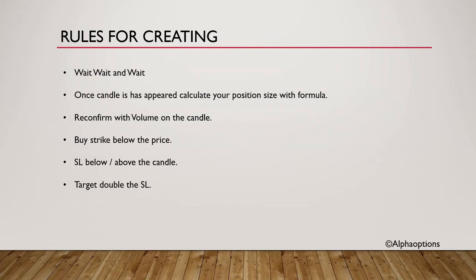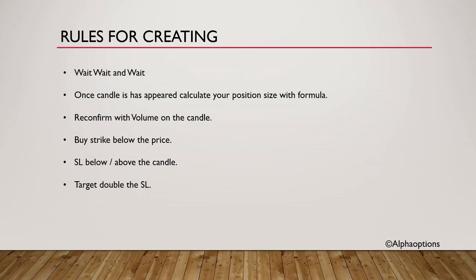If you have a capital of 5 lakh and your risk percentage is 1%, then your risk amount is 5,000. You divide that by the stop loss, which is 10 points or 12 points. The number you get, you divide that quantity by the lot size, which is 20 or 75 for Nifty. So that is the number of contracts you have to take, because that is the most important thing.